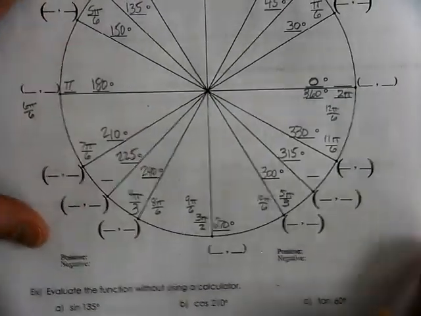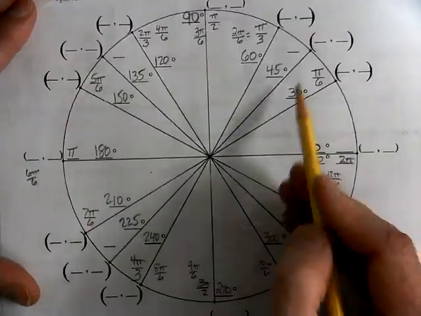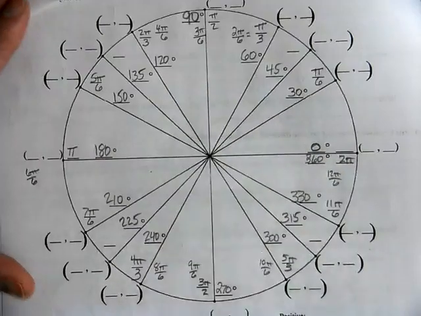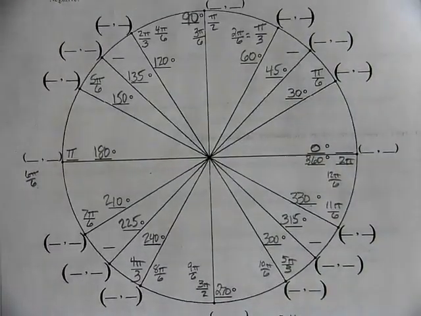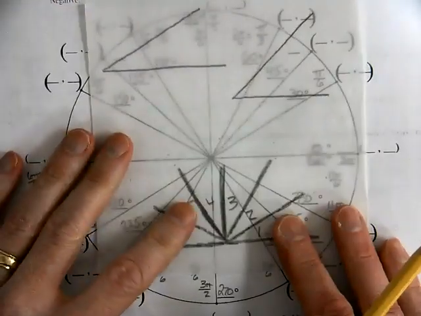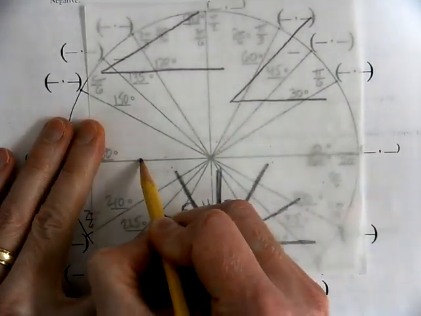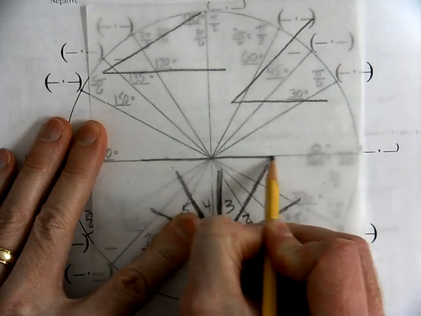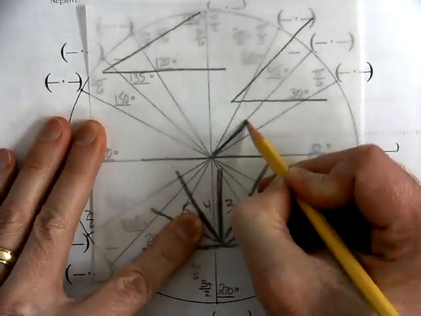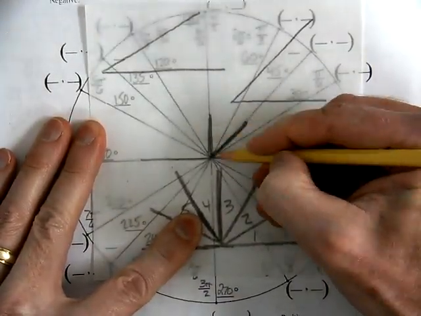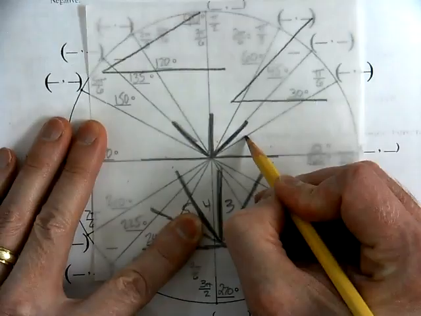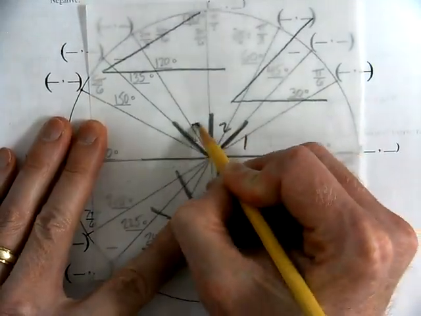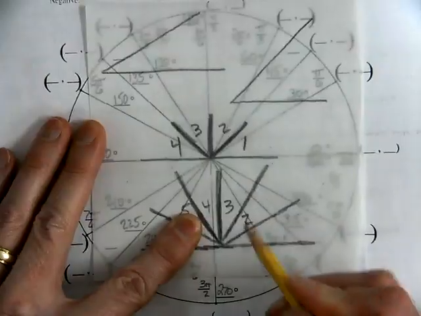And we can equivalently do this with 45 degrees. So if 45 goes into 180, how many times? We've got 1 slice, 2 slices, 3 slices, 4 slices.